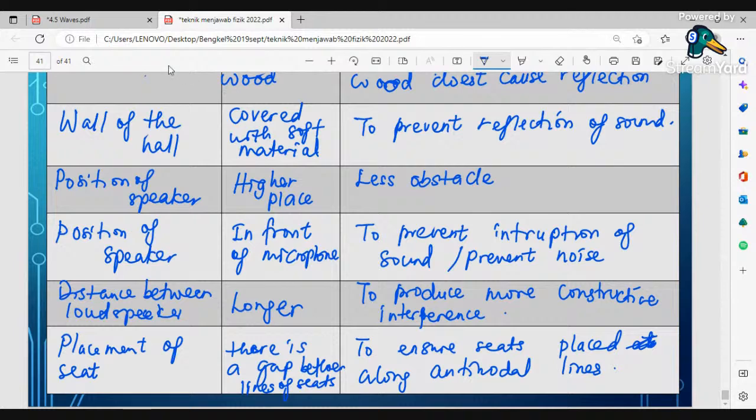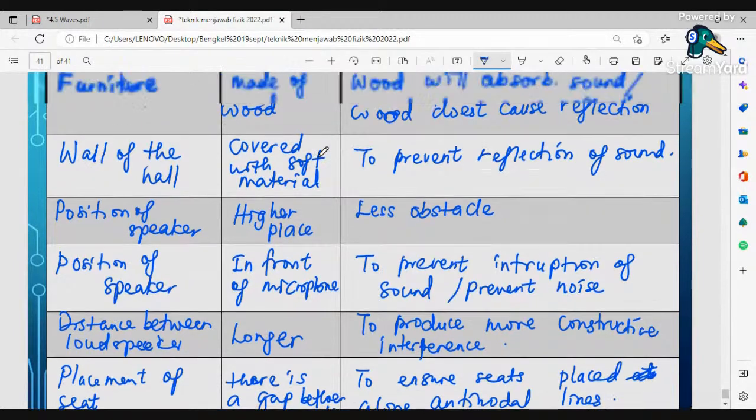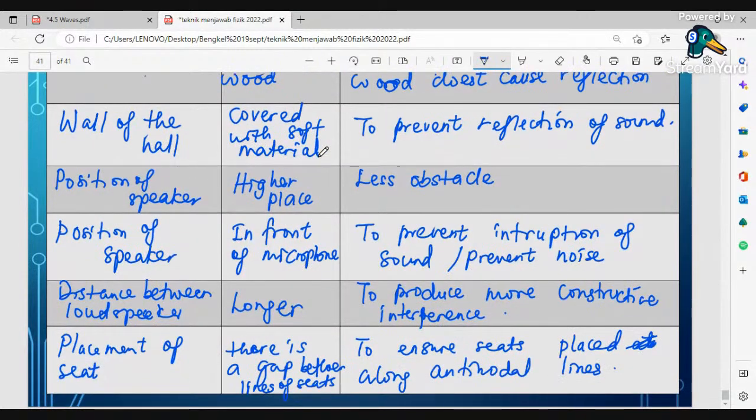Means constructive. So all students can hear loud sound. Okay, all students can hear loud sound.